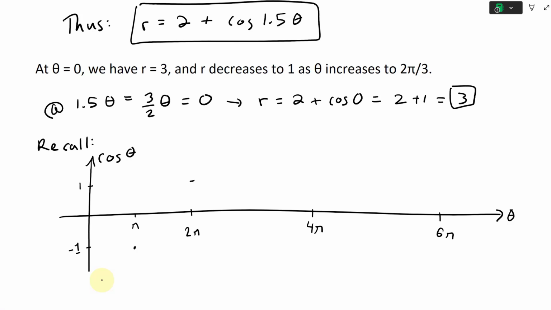The same thing here: this is pi, 2 pi, this is 3 pi. It needs to go all the way down, and then all the way back up. This is 5 pi. We're just going to graph it for all these specific points, or get the values there. So this needs to go all the way to the bottom. I'm trying to draw it neat. Alright, it goes like that, and then goes up like that.